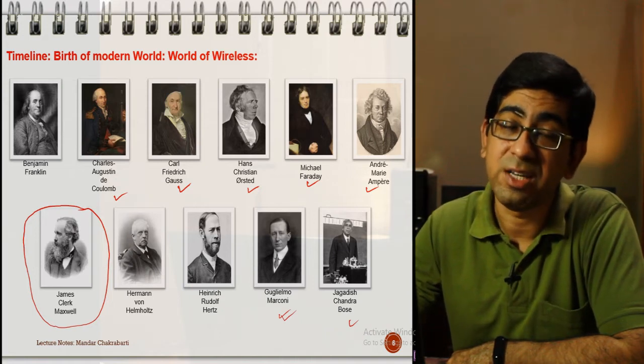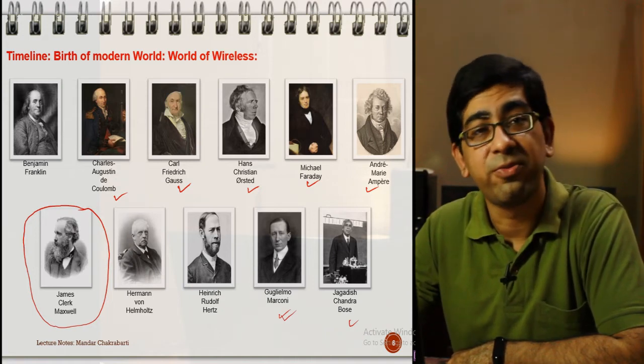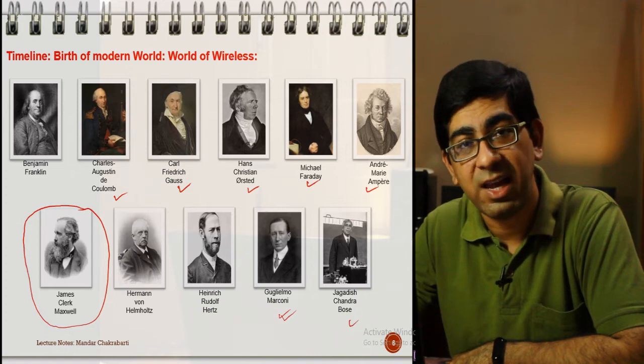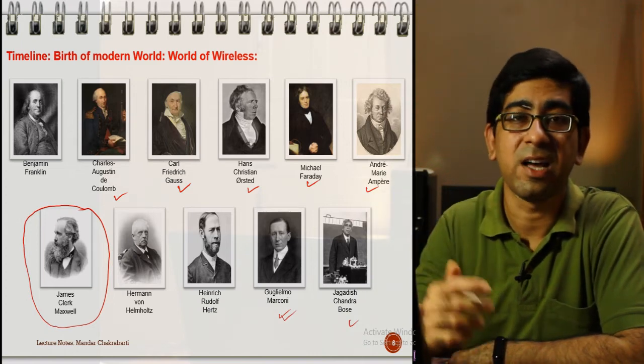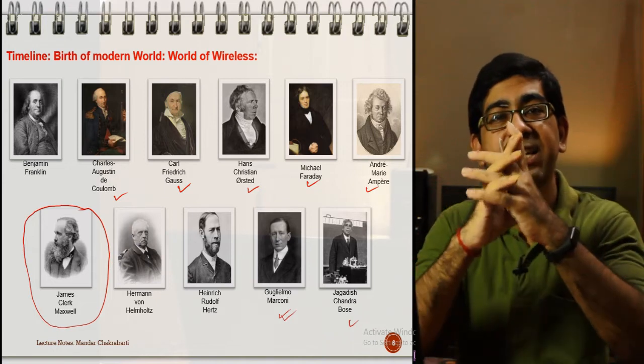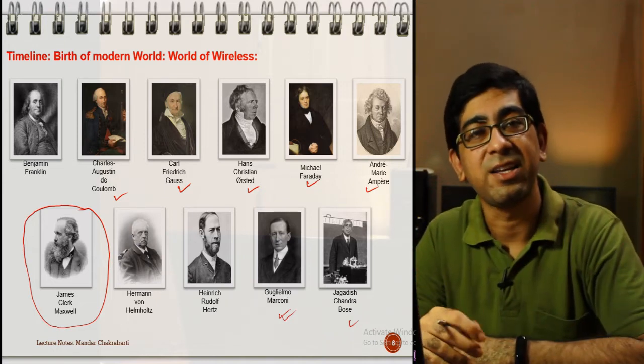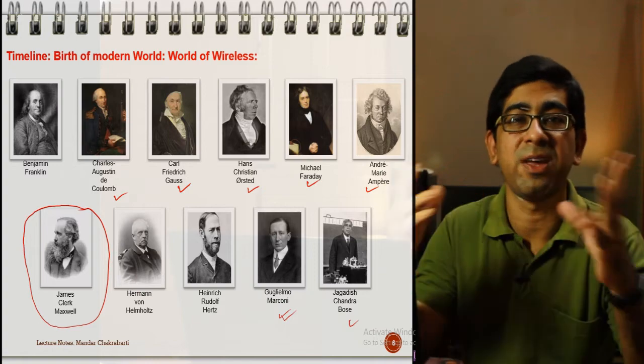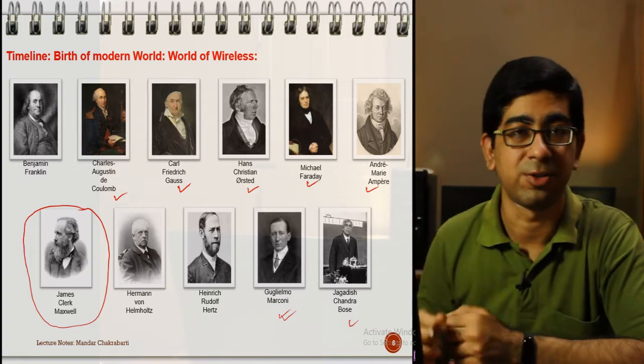But it was James Clerk Maxwell who first managed to understand that these different hypotheses are all actually interlinked with each other, and he formulated the now famous Maxwell's laws.